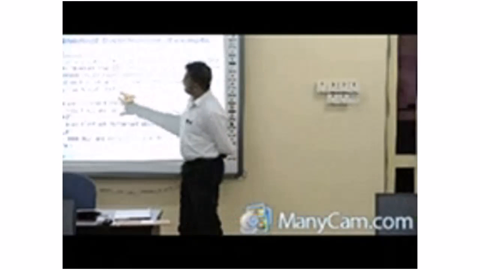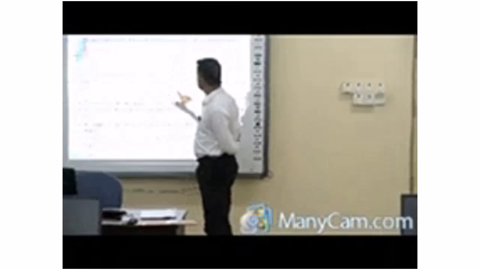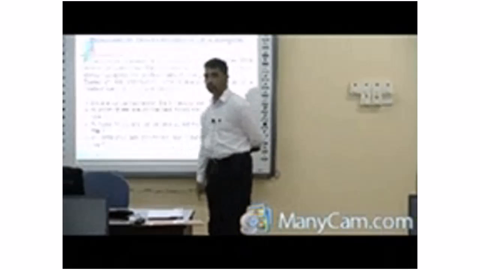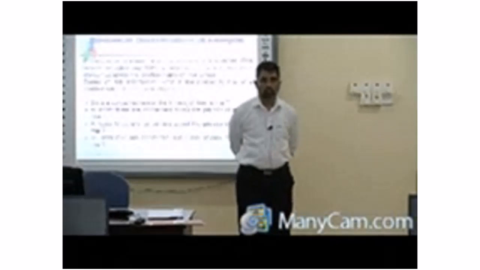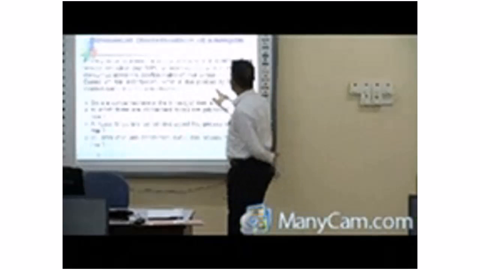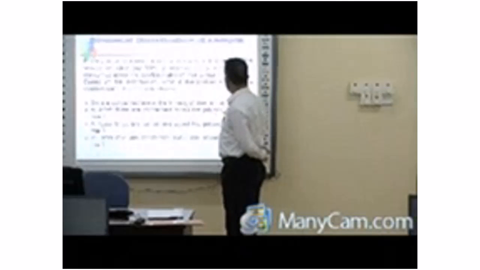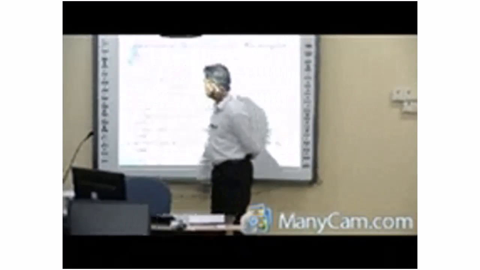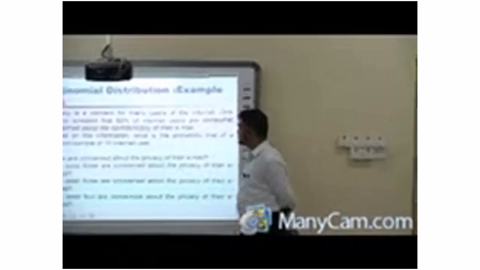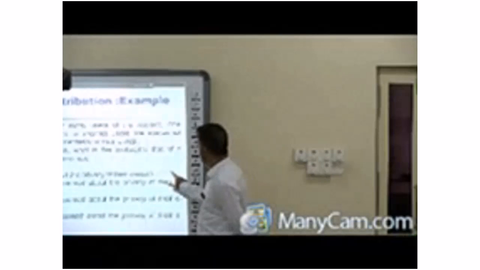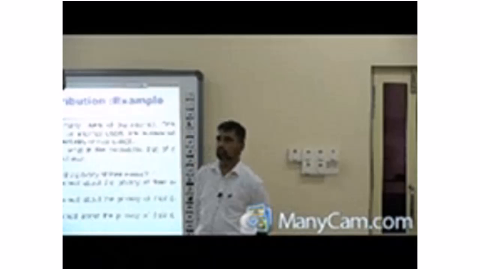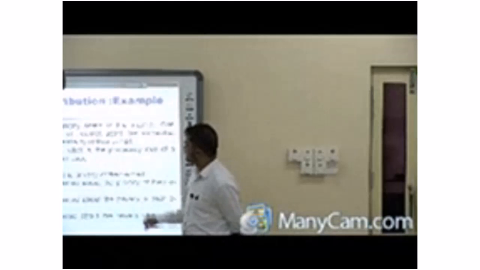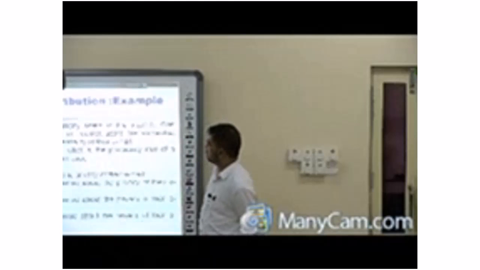Next, give the number of trials. N is 10. Now, X based on the question. In this case, X is 6, 6 are concerned about the privacy of their email. Now, to answer the first question, your formula should be arranged here.